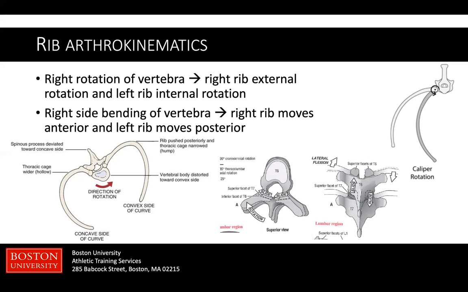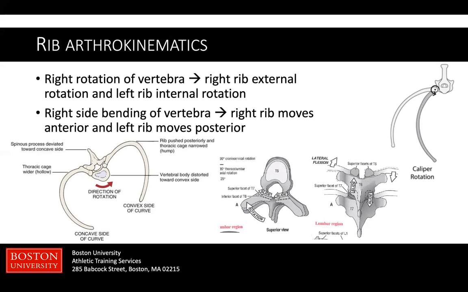Now, if we're going to talk about side bending, we're going to see some shifting in the anterior to posterior direction. So we would expect to see for right side bending of the thoracic vertebra, the right rib moves a bit anterior and the left rib conversely moves a bit posterior.